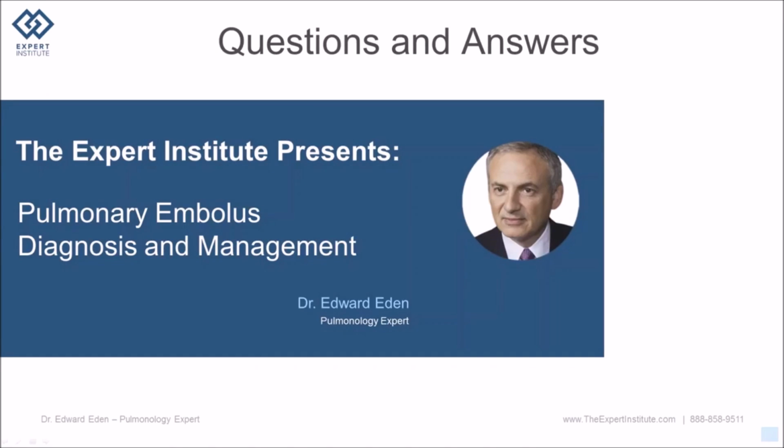Okay, next question. Thank you, great job. What are the most common symptoms leading to the diagnosis of a PE? The most common symptom is shortness of breath, which is of new onset in a previously stable patient. Now, I've also told you as a caveat to that, that shortness of breath is a very non-specific symptom.